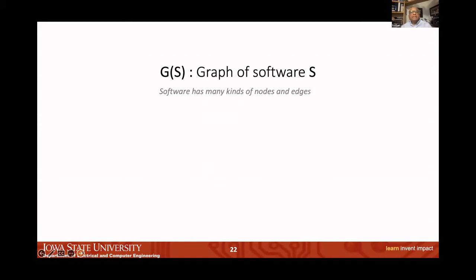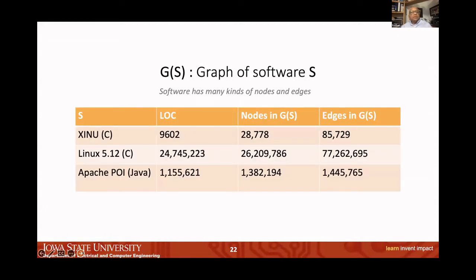So here are some examples of software graphs. Xenu is an embedded operating system with roughly 10,000 lines of code. Linux, we all know. Apache POI is a Java program. For Linux, the graph has about 26 million nodes and about 77 million edges.